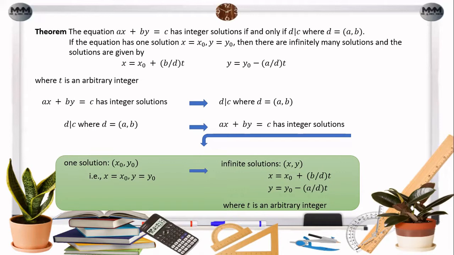Now, what about if our linear Diophantine equation has no solution? Or when can we say that our linear Diophantine equation has no integer solution? To answer that, we can restate the theorem such that it describes the case in which the Diophantine equation has no solution.